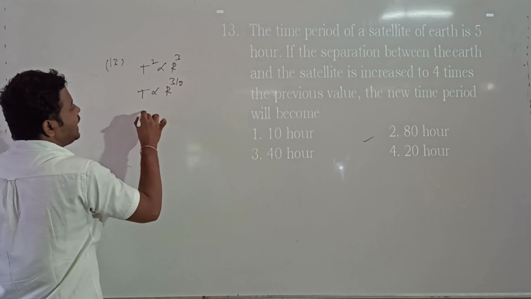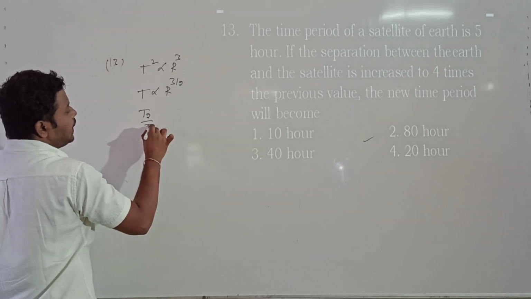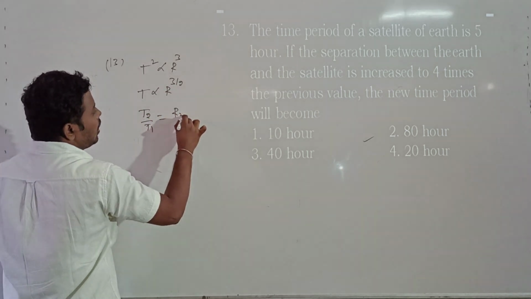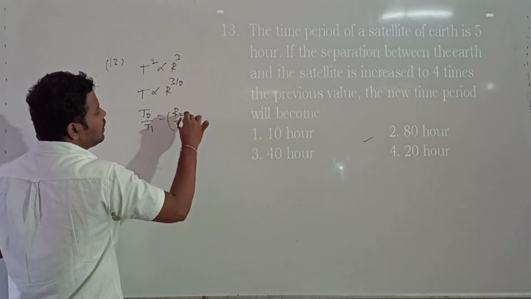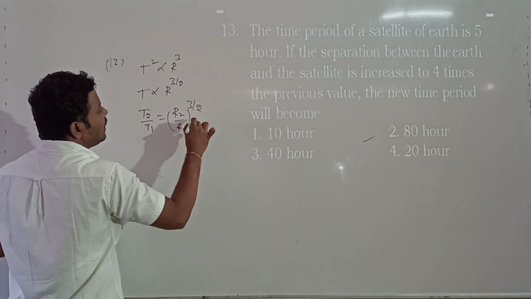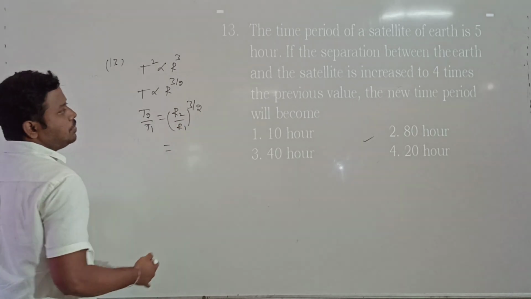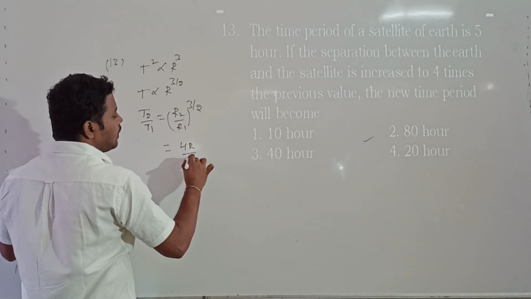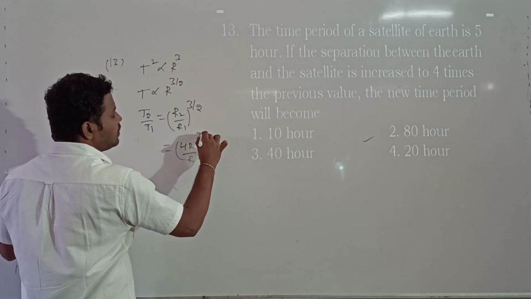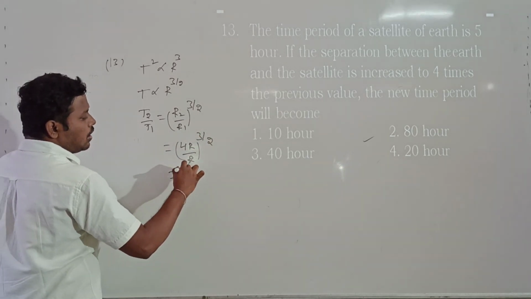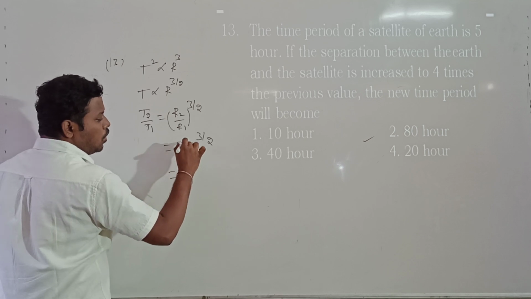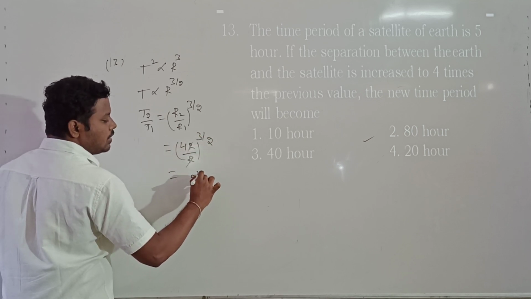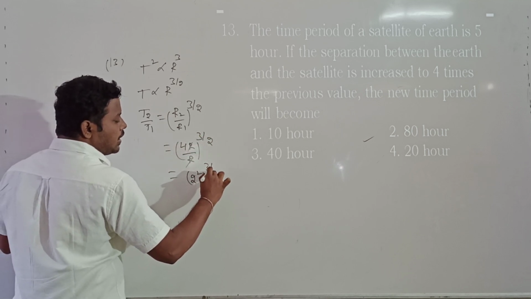Then what is T2 by T1? T2 by T1 value is equal to R2 by R1 whole power 3 by 2. They given that R2 value is 4 times R1. So 4 into R by R whole power 3 by 2. Then R value cancels. So 4 whole power 3 by 2, 4 can be written as 2 square whole power 3 by 2.